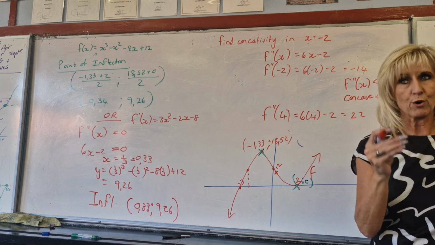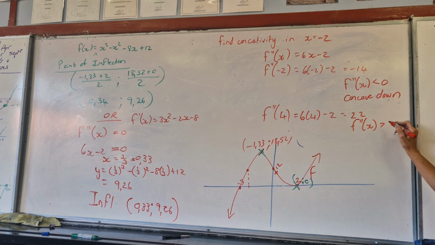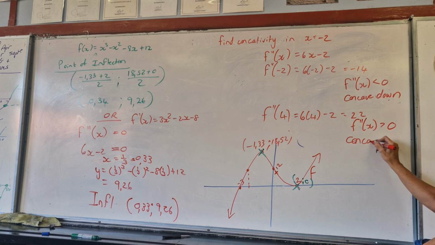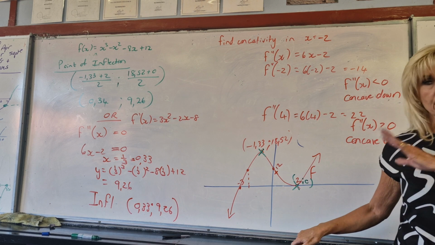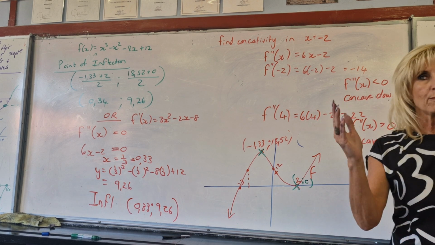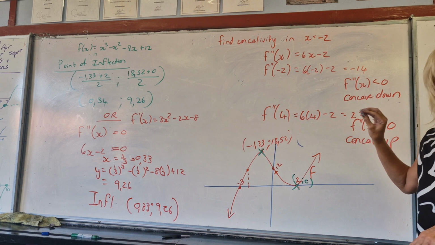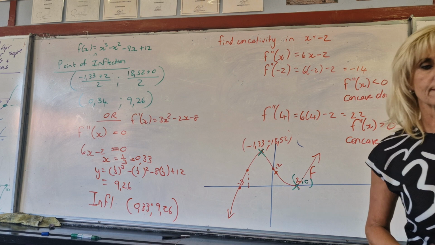It's the fact that it's positive. If it's positive, it's concave up. Nice to remember it that way. But everything about concavity, upwards, downwards, positive, whatever, is all to do about your point of inflection, which is your double derivative. Right.